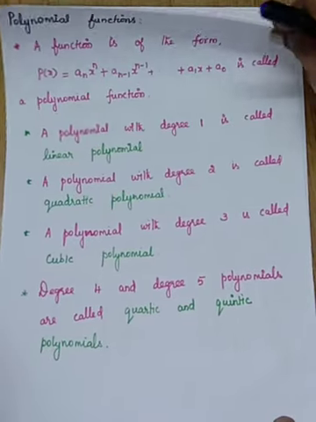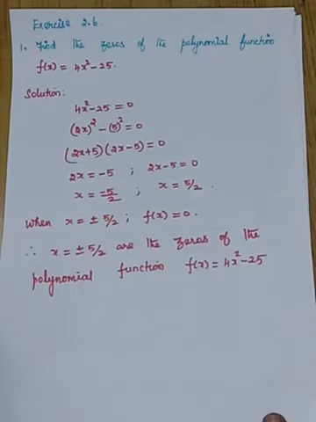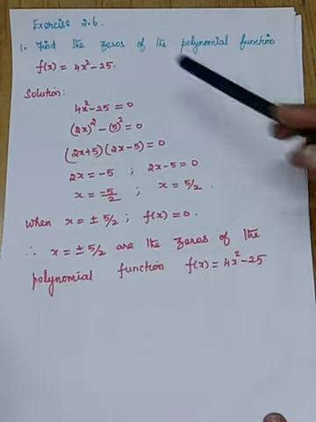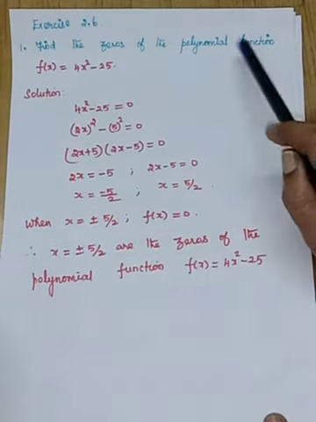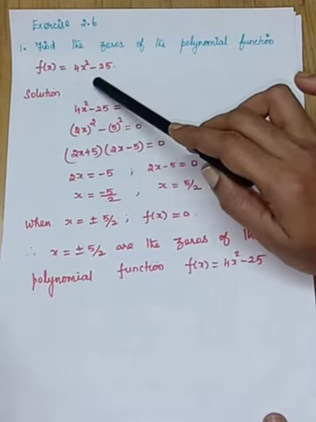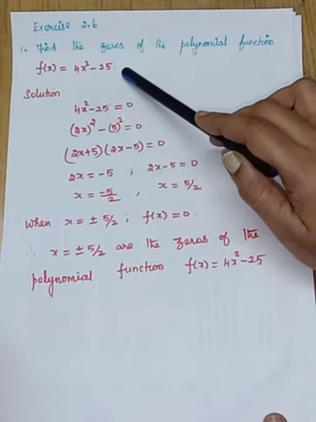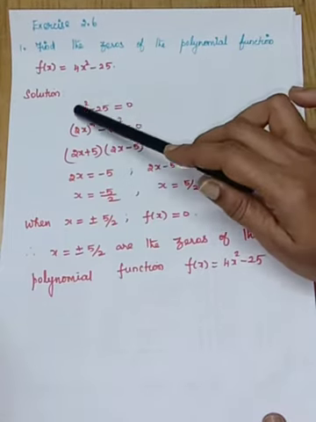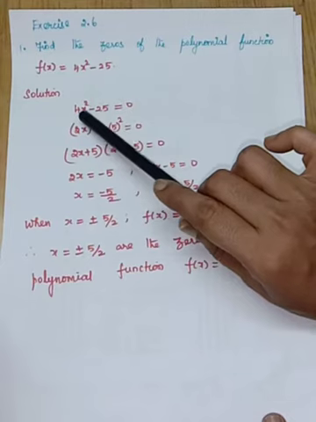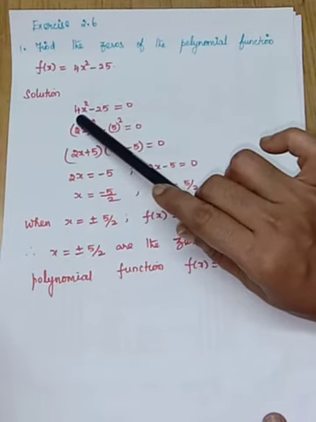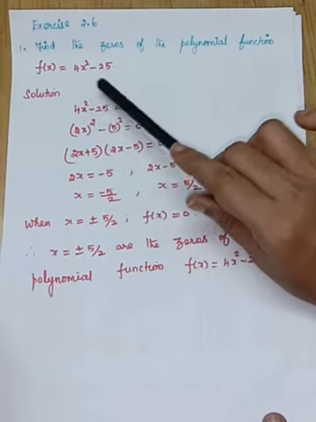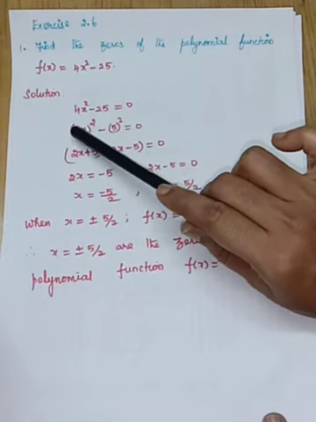So now we are moving to exercise 2.6. Find the zeros of the polynomial function f of x is equal to 4x squared minus 25. You take this function, and 4 can be written as 2 squared.